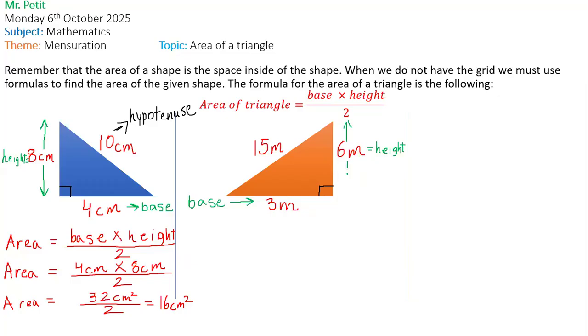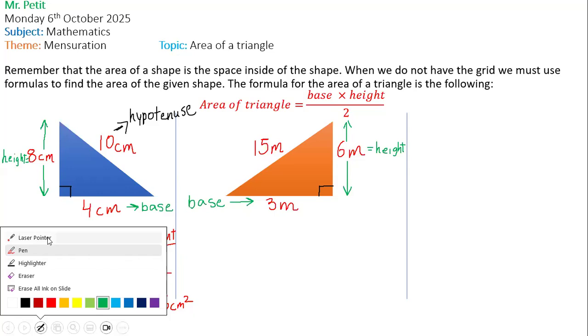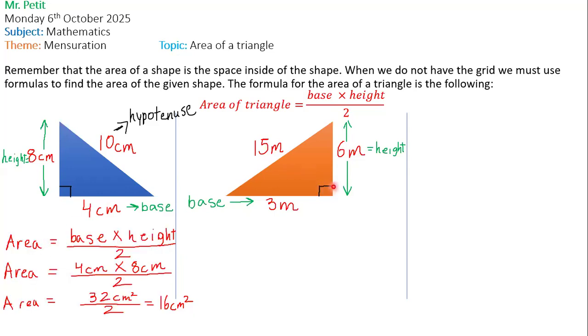And we can notice the height because you always look for the two sides that are surrounding the right angle. Don't worry about this side that is far away from the right angle. In fact, what is the word we use for 15 meters?